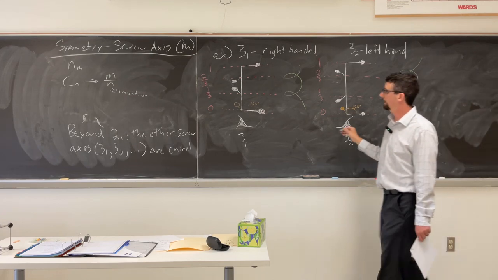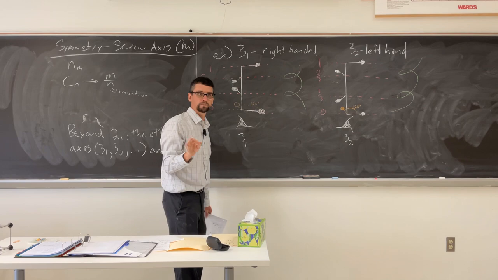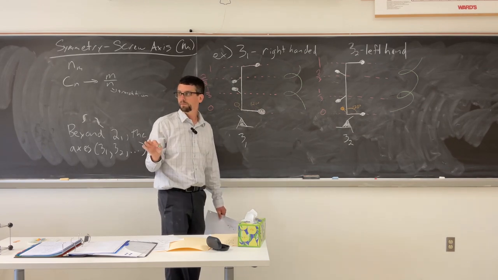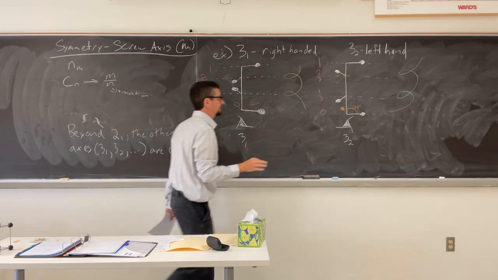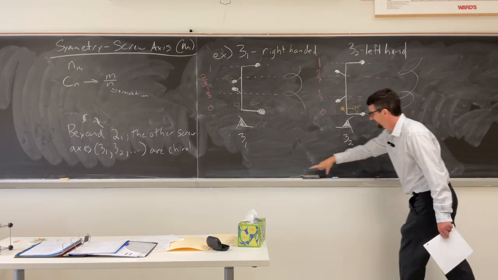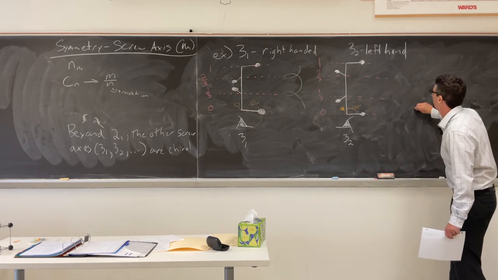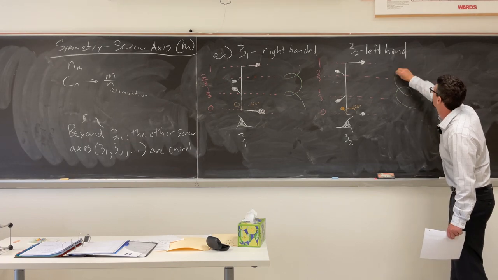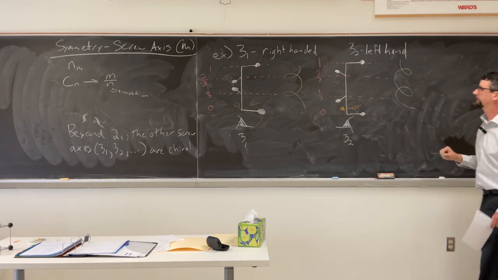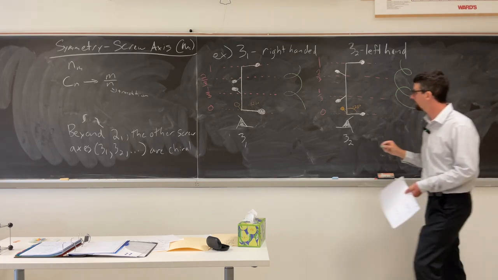What I'm doing, am I okay to draw on top of the pictures right now? That is the same. I need to go that way. There we go. Okay, can I draw on top of the pictures to make this easier for me? Okay.